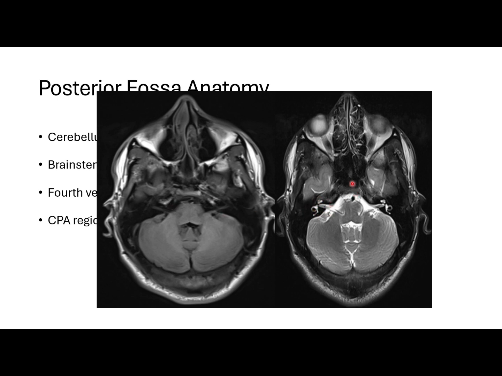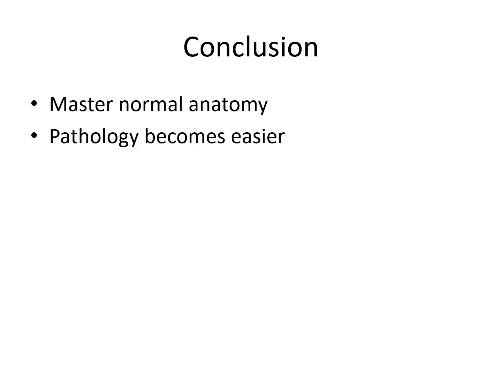So pathology in this region can be visualized by taking CP angle images, and this is the right cerebellar hemisphere, and this one is the left cerebellar hemisphere, and this midline structure is the cerebellar vermis, and posterior to it is the cisterna magna. So this is the posterior fossa structure.